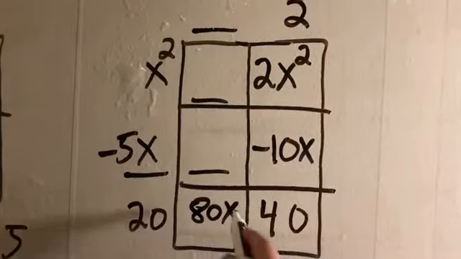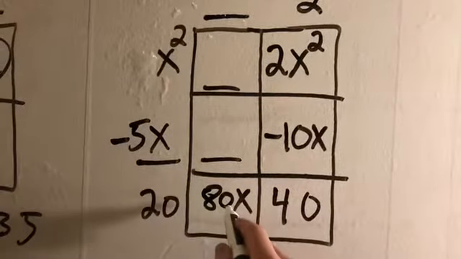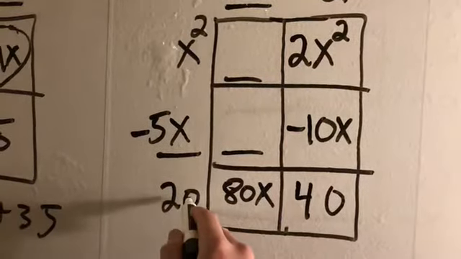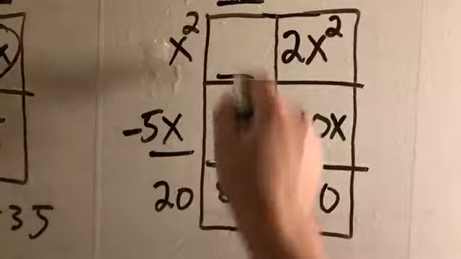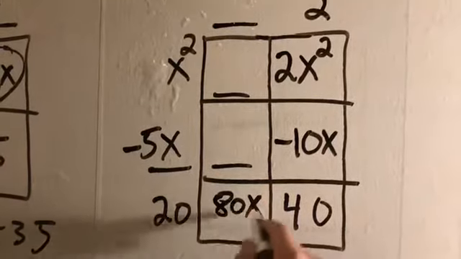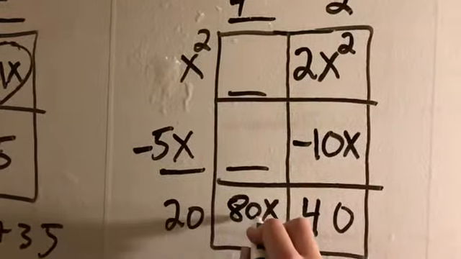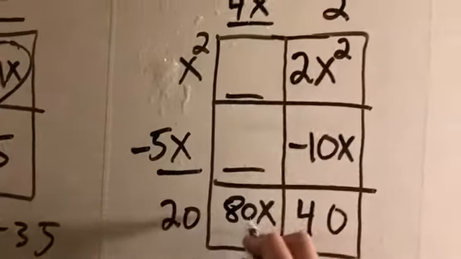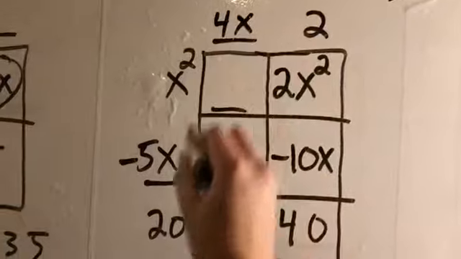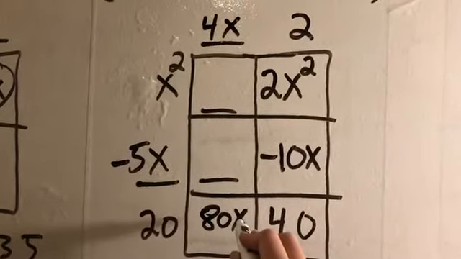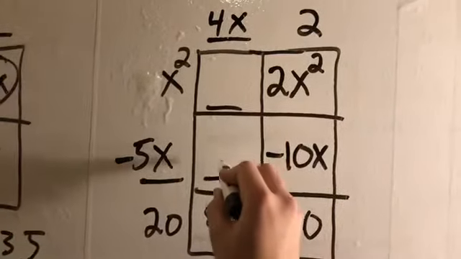Now we need to somehow figure out one of these items or this one up here. I already have this 80x filled in, so let's see if we can use this. 20 times what gives us 80x? Well, 20 times 4 gives me 80, and then I need an x in there to make sure that's 80x. 4x times 20 gives me that 80x, and now I have enough information in here.